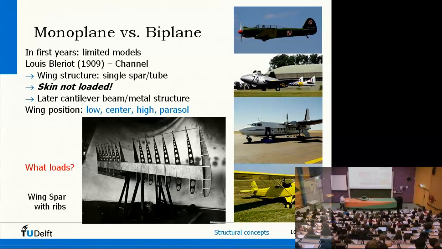Think about bending or torsion or tension or compression. Can I put a tension load to it? Compression? Bending? Torsion? So such a tube, such a box is actually quite sufficient for a lot of loads.